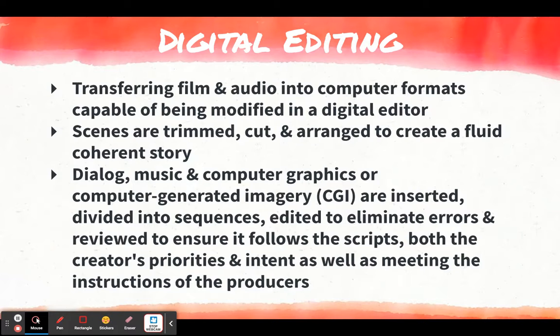Dialogue, music, and computer graphics, or CGI, computer generated imagery, are inserted into different sequences in different frames, and they can be edited to eliminate errors, review it, follow scripts. You can be creative and go off script. So this is usually what film producers or video producers use to create a story.